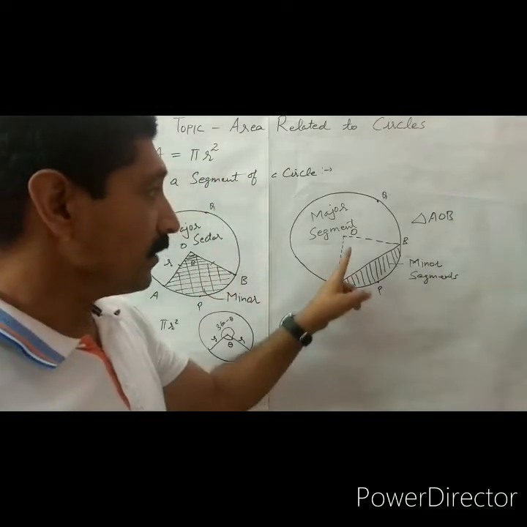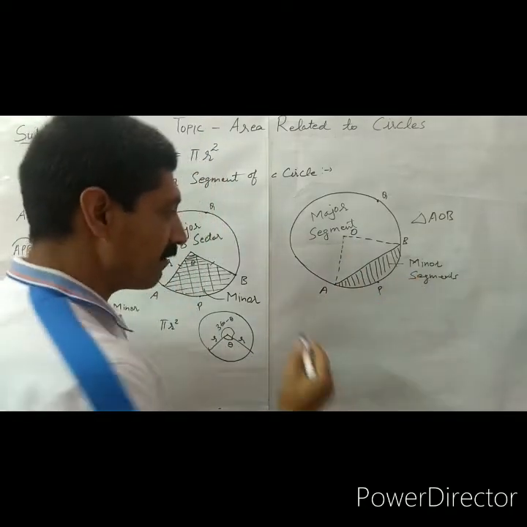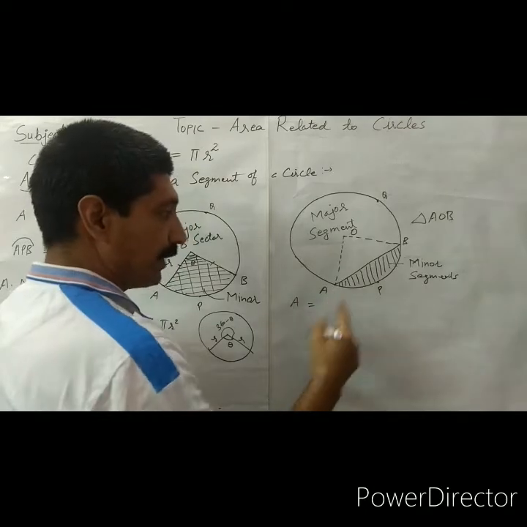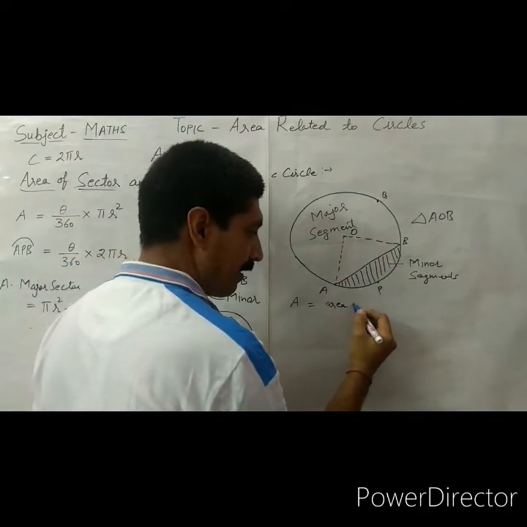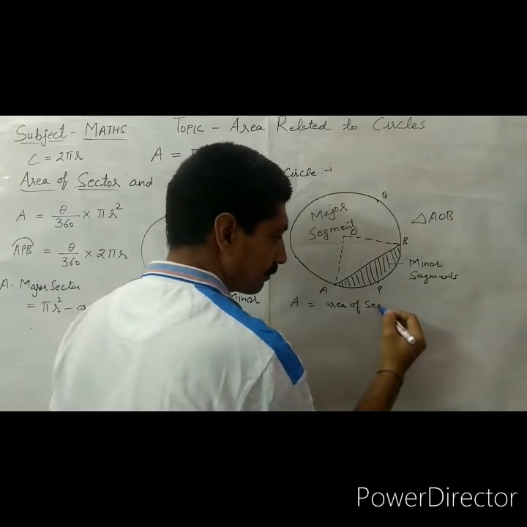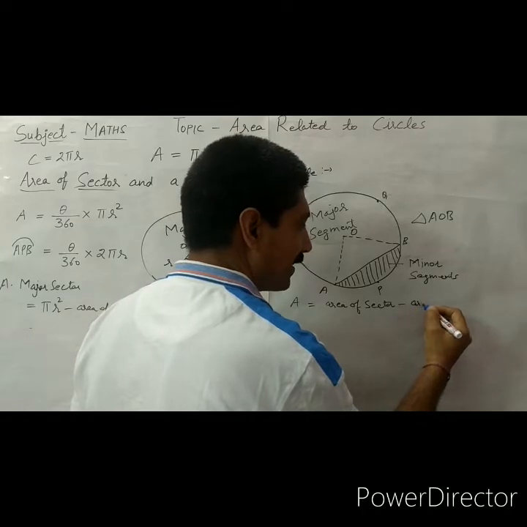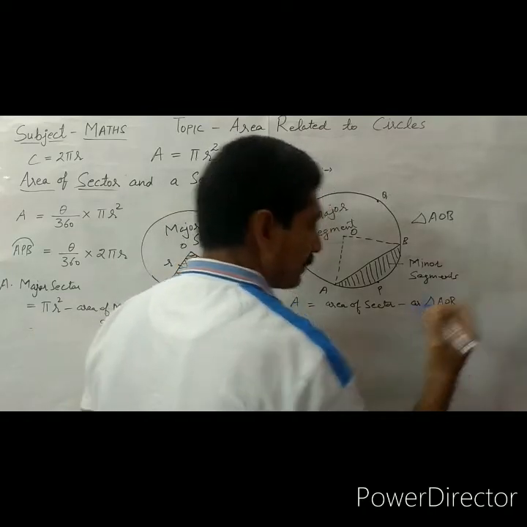Now, the area of the minor segment is equal to the area of the sector minus the area of triangle AOB.